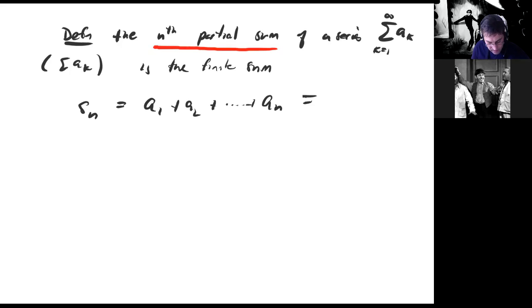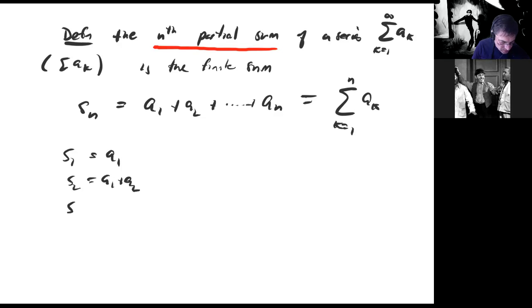You could also write this as the sum k goes from 1 to n of a sub k. For example, S sub 1 is a1, S sub 2 is a1 plus a2, S sub 3 is a1 plus a2 plus a3, etc.